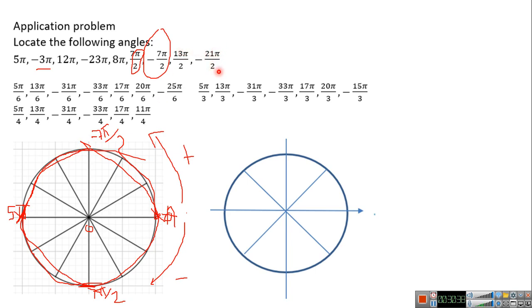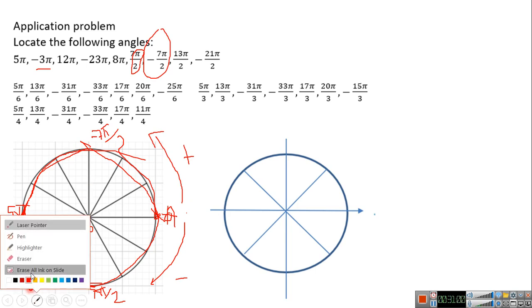You read pi over 2 alone: pi over 2 is 90 degrees. Minus 4, minus 8, minus 12, minus 16, minus 20, remains 1. So where will minus 20 pi over 2 be? It will be here. Okay, so this is concerning pi and pi over 2.